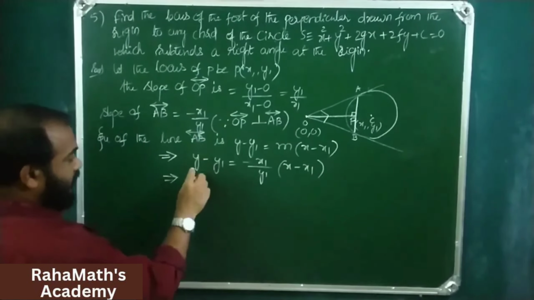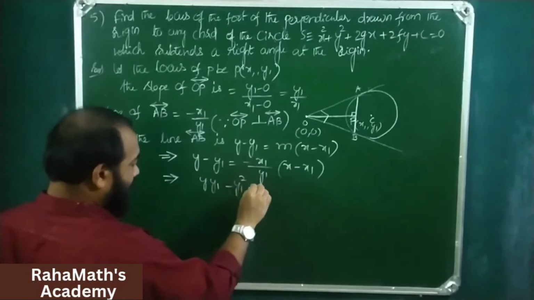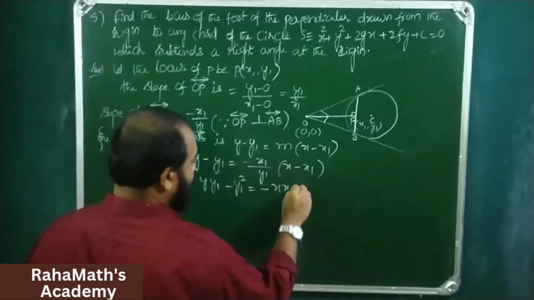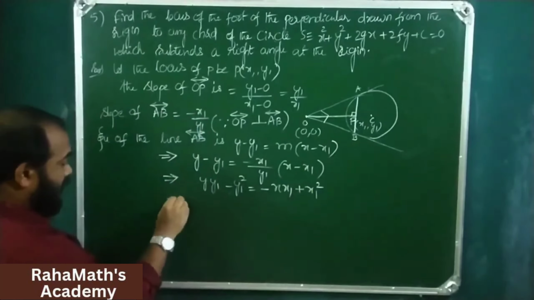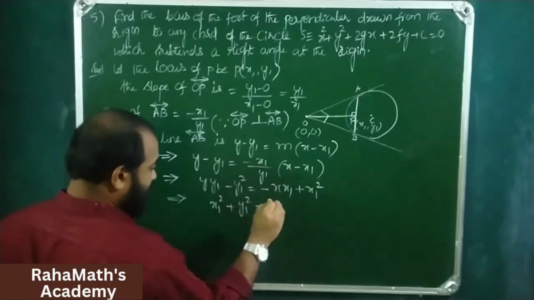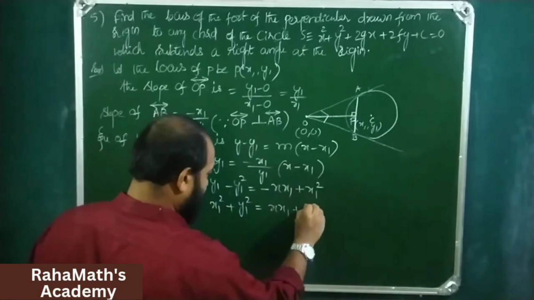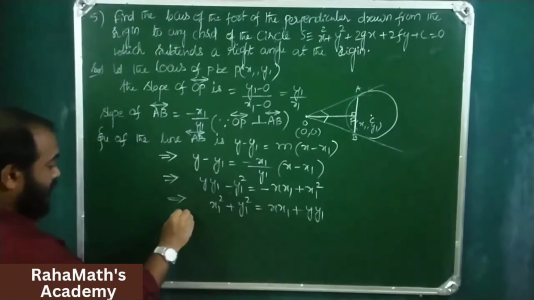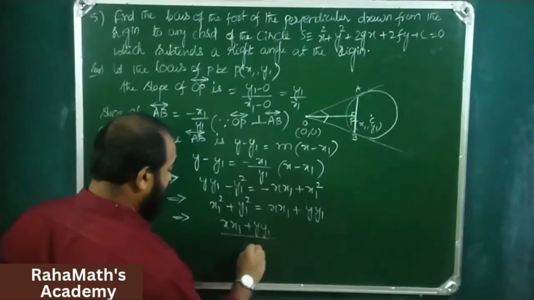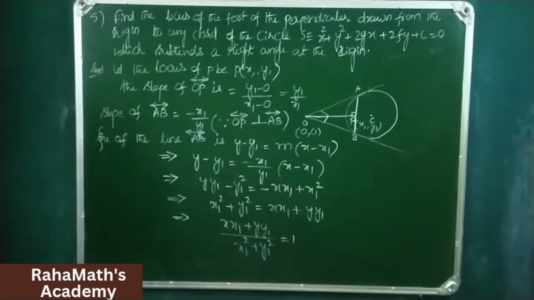By cross multiplication, y y1 minus y1 square equals minus x x1 plus x1 square. This implies x x1 plus y y1 equals x1 square plus y1 square. This implies (x x1 plus y y1) by (x1 square plus y1 square) equals 1. So this one we got.